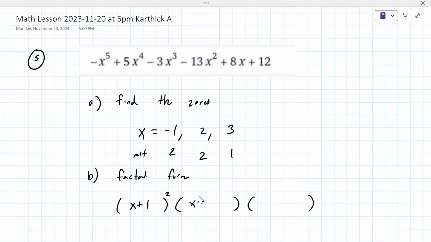Oh, okay, yeah. x plus 1, x minus 2 squared, and x minus 3. Anything else? Oh, yeah, you should put the negative in front, since this is a coefficient. Small thing, but it changes everything in your graph.